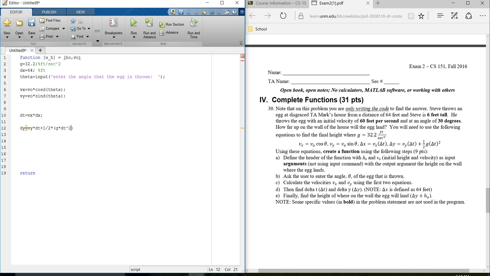Maybe right above, so I'm going to say it's 6 feet. But we're entering in h naught. I would have said that was a constant, but we could say that WH is equal to h naught plus dy.